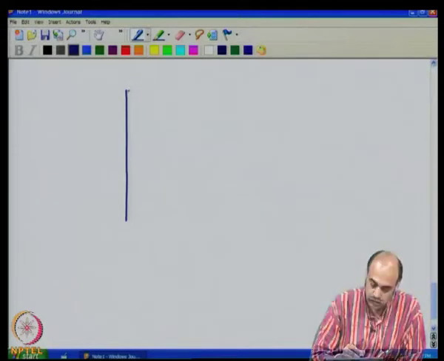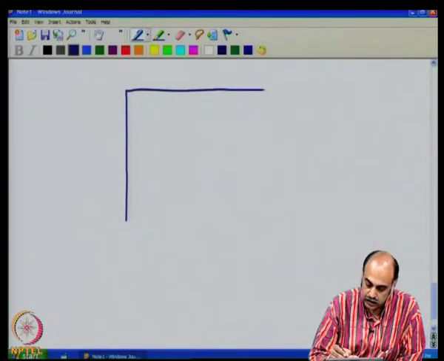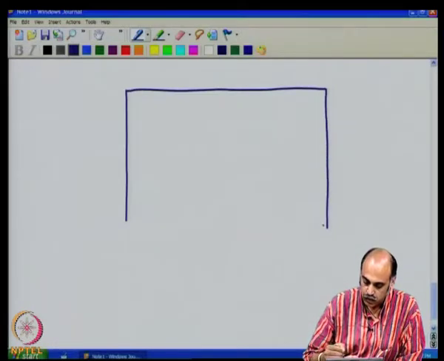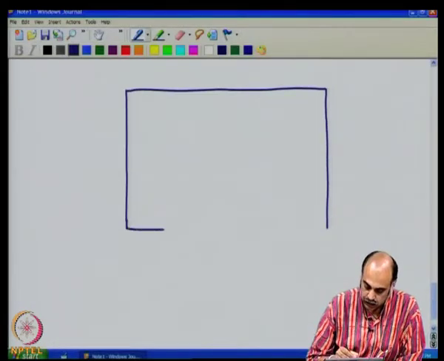Another important aspect while we are on the ground is that on a single board, you could have both analog and digital circuit.